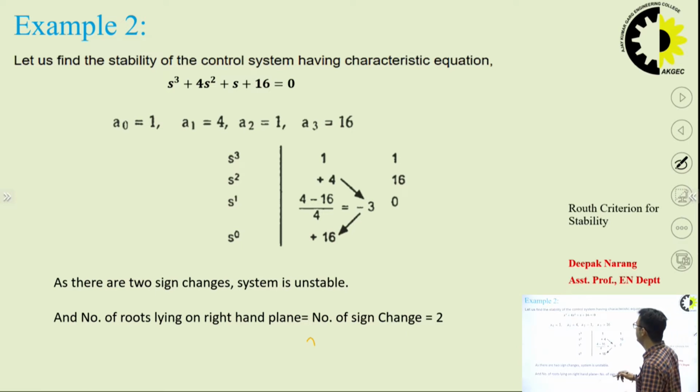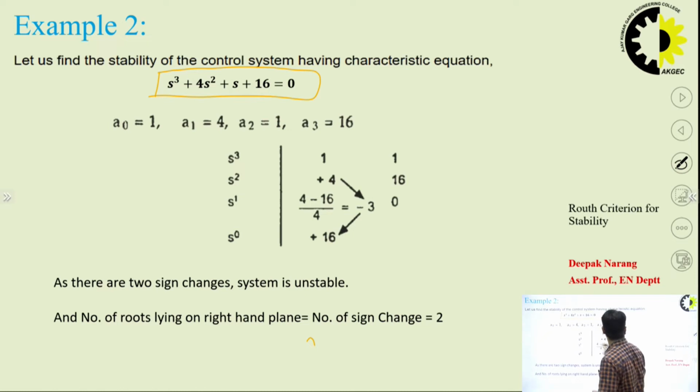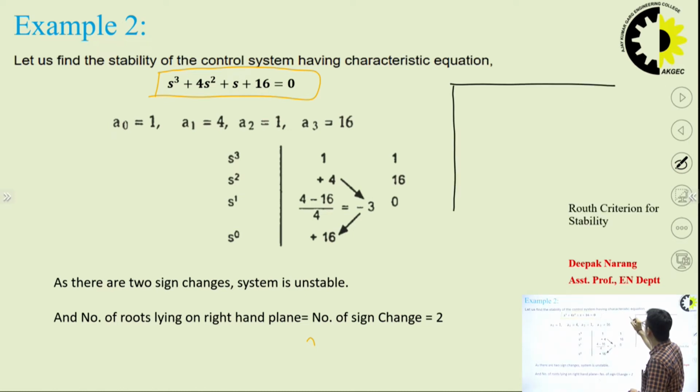Now let us consider another example in which this characteristic equation is given. Again, form the Routh array for S cube, S square, S1, S naught.